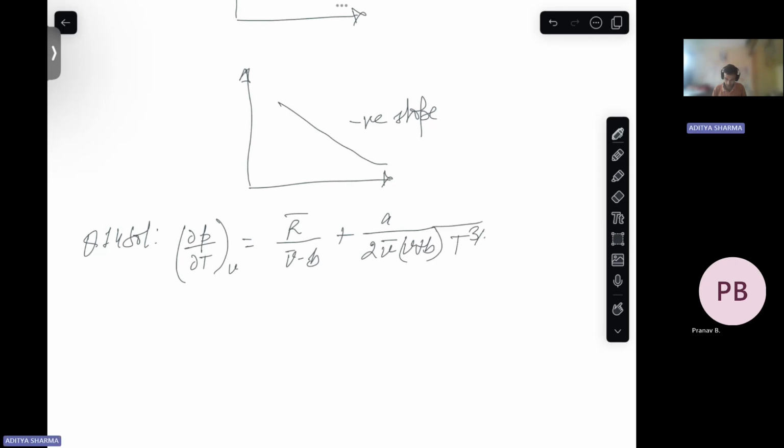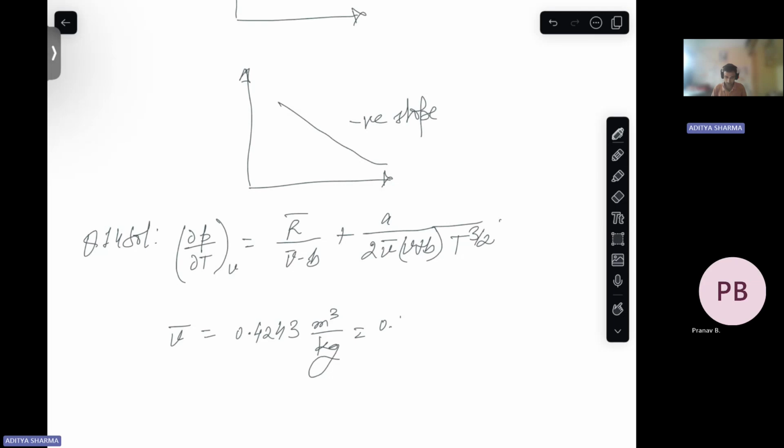And then P is 3 by 2. Right? Not a big deal because the equation of state already is given to us. So we have been given specific volume which is 0.4243 meter cube per kg. So we will convert it into meter cube per kilomole, right?